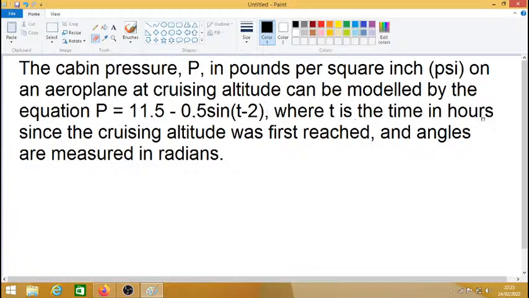The t is the time in hours since the cruising altitude was first reached, and the angles are measured in radians.